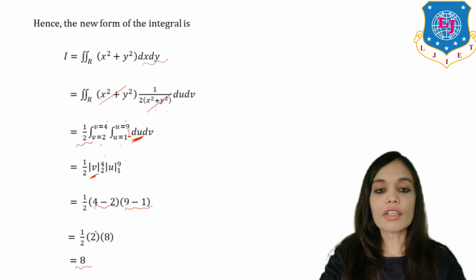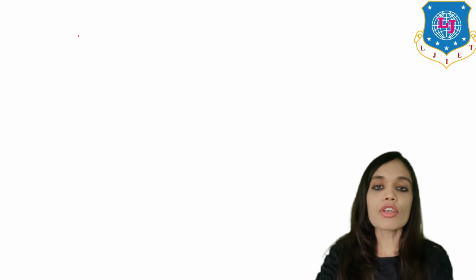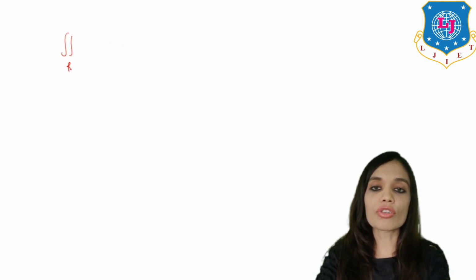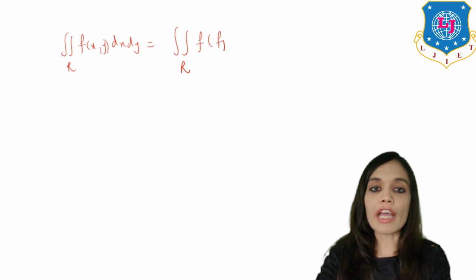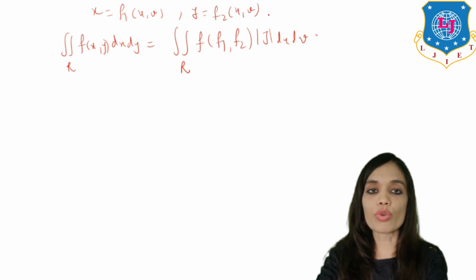8, right? So in today's session we have studied how to change the integral by using Jacobians, right? So what we have studied: double integration over R of f(x, y) dx dy can be converted to double integration over R of f(f1, f2) mod J du dv, right? Where our x will be equal to f1 of (u, v) and y will be equal to what? f2 of (u, v).